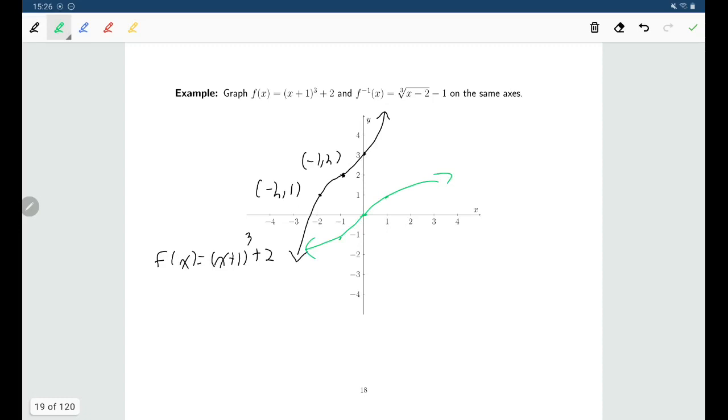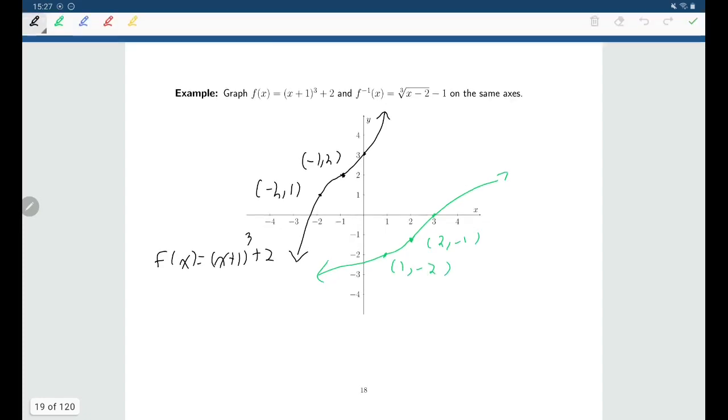It has roughly that shape. And if you were to carry out those transformations, to the right by 2 and down by 1, you would find that it would pass through the points (3, 0), (2, -1), and (1, -2).